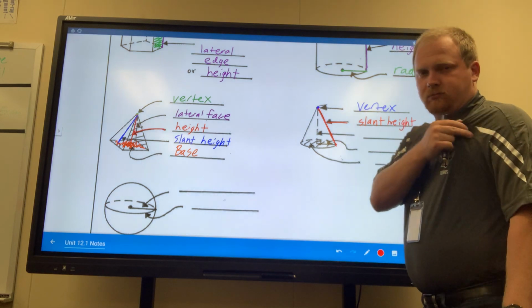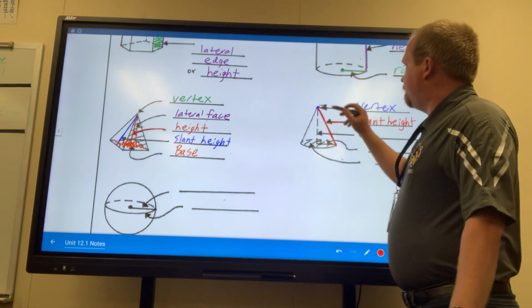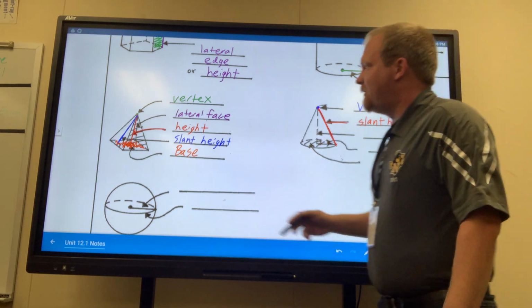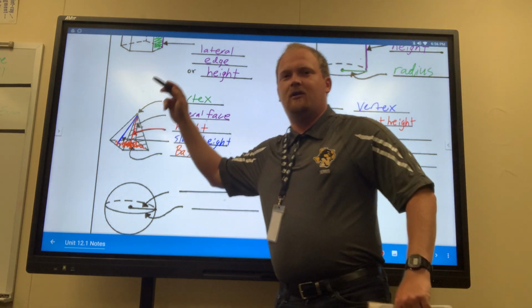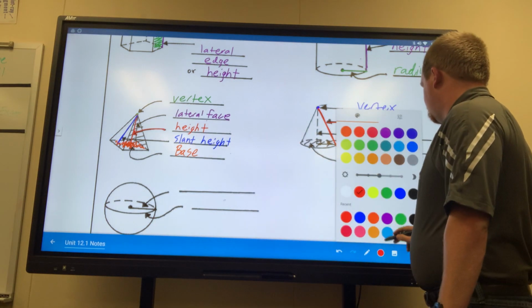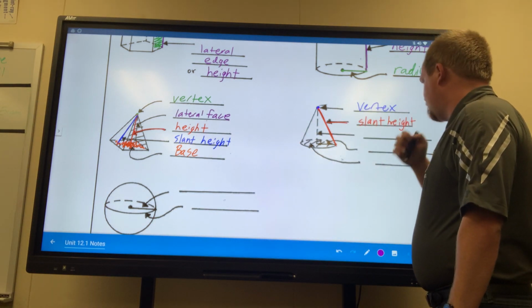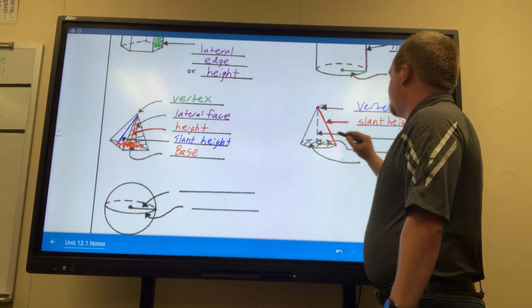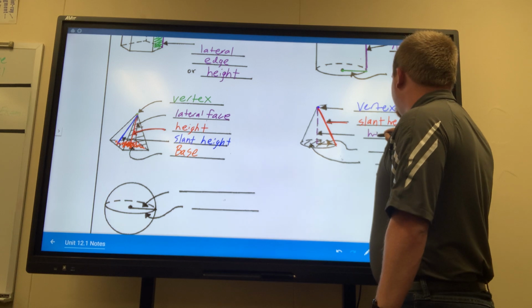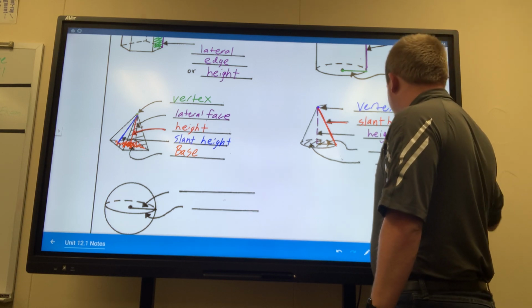From the point to the edge of the base gives me the slant height, and the same idea applies for the pyramid, from the vertex to the edge of the base. Next, I have this right here, which gives me my height.